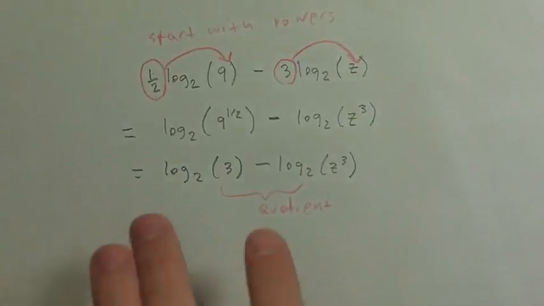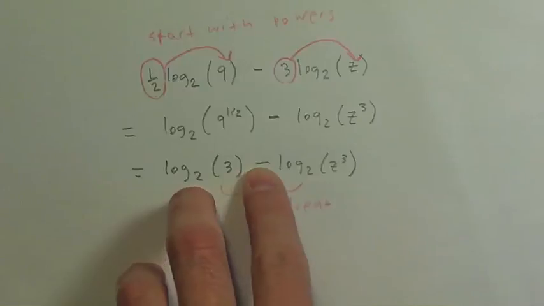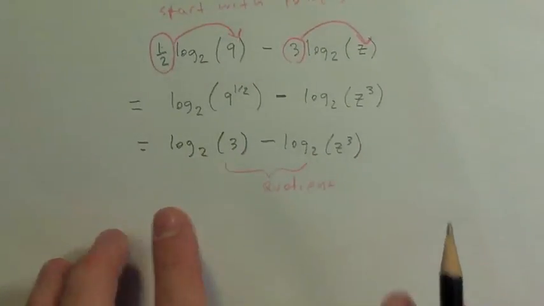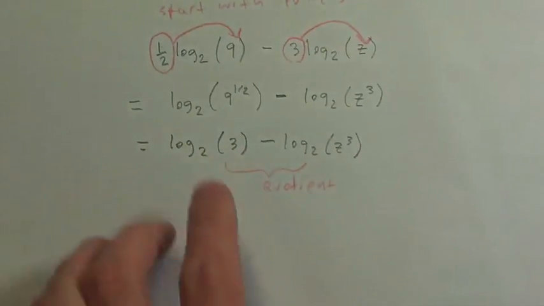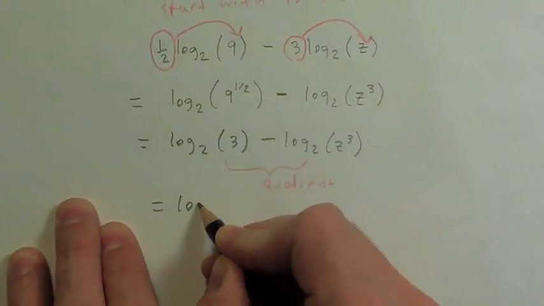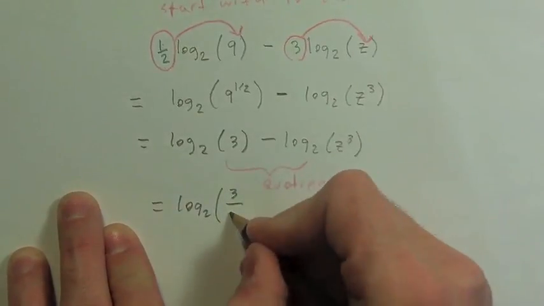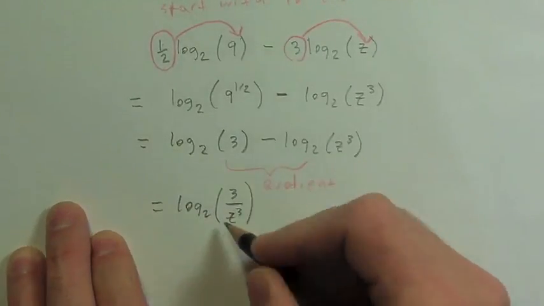The quotient property says if I have two logs, and remember they have to be the same base, and they're split up with subtraction, we can make it division, because it's always log of the top minus log of the bottom. So it'll be log base 2 of the top, which is 3, over the bottom, which is z cubed, and there we go.